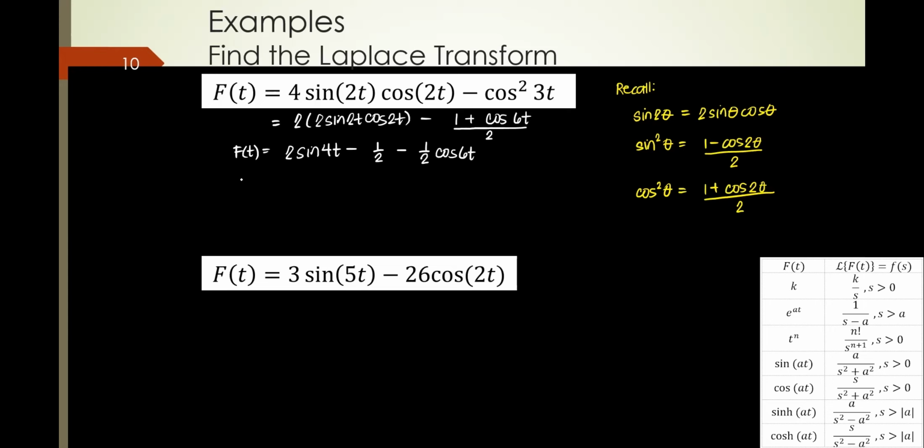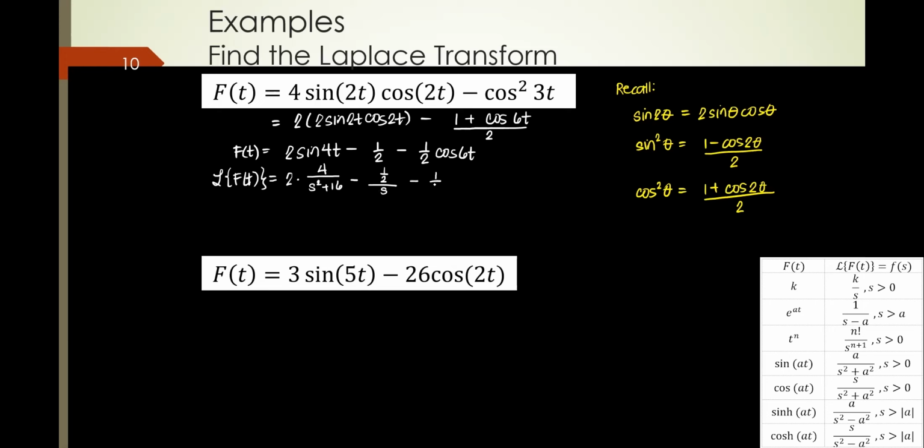Now, I would like to get the Laplace of these ones. So the Laplace of the function of t is 2. Can you help me with the formula? For sine 4t, what would be the answer, guys, using your table? S squared plus 16 minus, this is a constant. What would be the answer? Over S, tama?